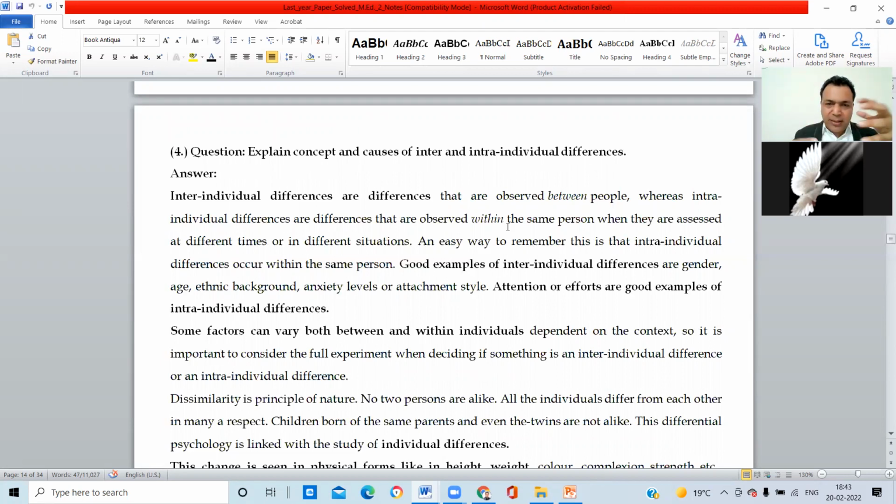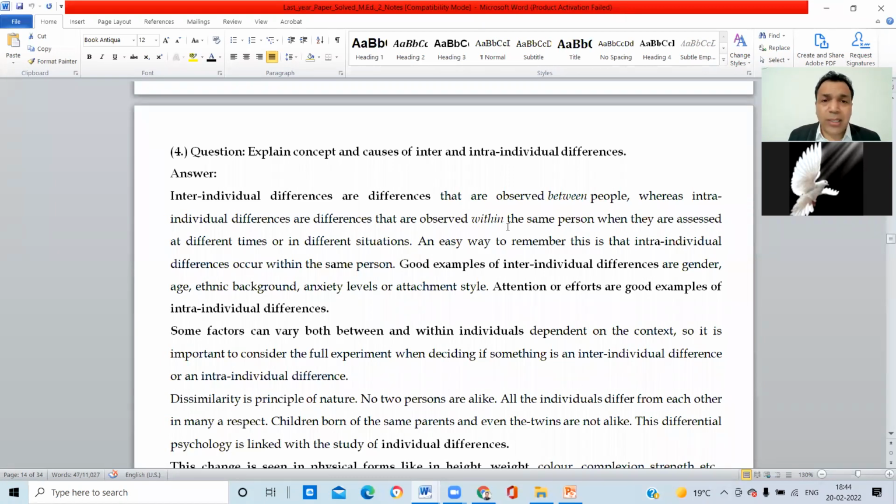There is a difference between two persons. It is called inter individual difference. It means difference in thought, aptitude, attitude, interest, and a lot of differences. Even twins are not identical, they have different patterns, attitudes, and aptitudes.